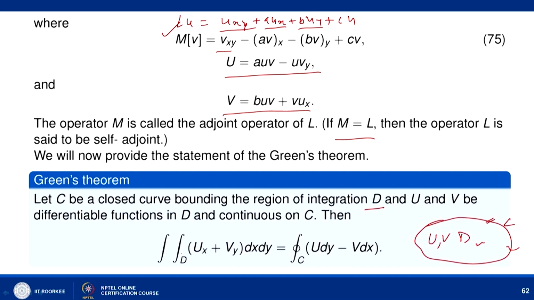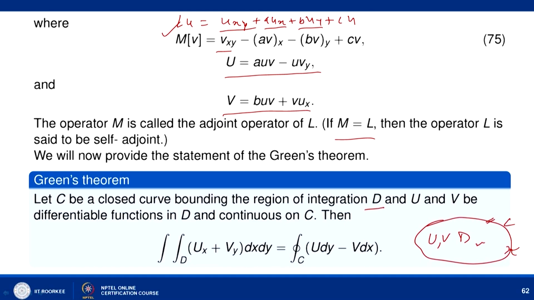So then the integration of (ux plus vy) dx dy over the domain D is now the line integral of u dy minus v dx over the contour C, and this has the direction anti-clockwise. So it is like this.